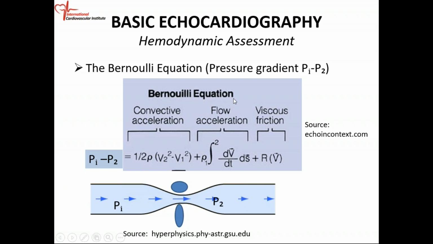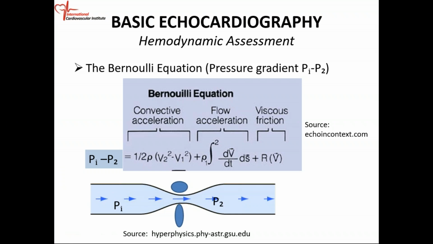This is the full Bernoulli equation, which states that the pressure gradient, okay, so you have a narrowing right there. If it was not narrow, you wouldn't have a gradient. You wouldn't have flow unless you have a generator or it's on an incline or something. If this is completely horizontal and there is no narrowing, say it's completely straight, the fluid is not going to move.